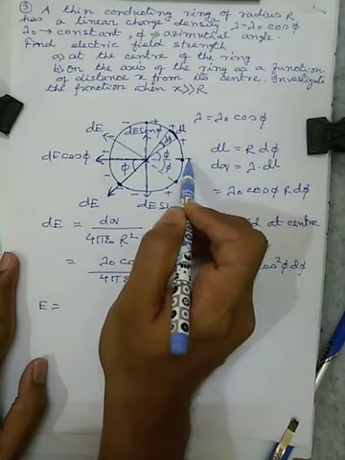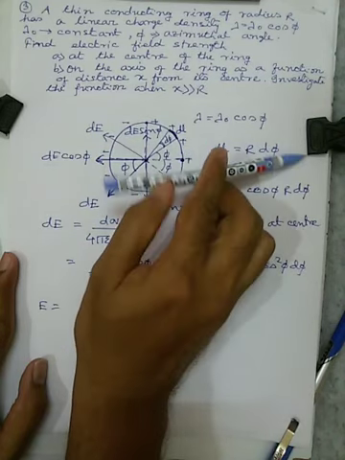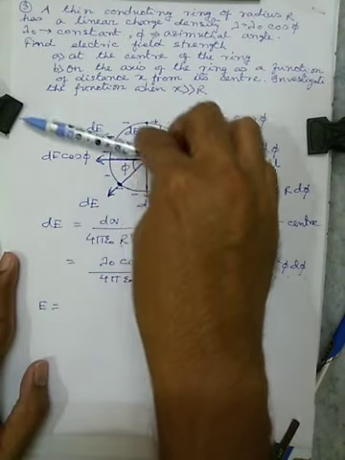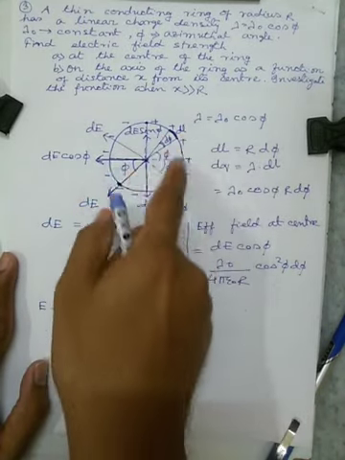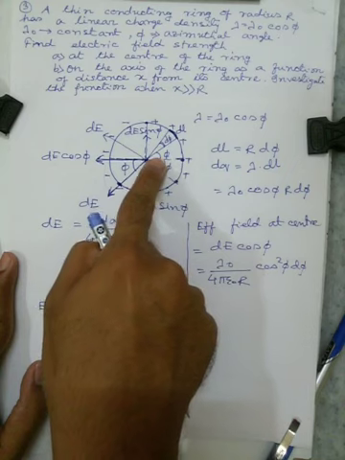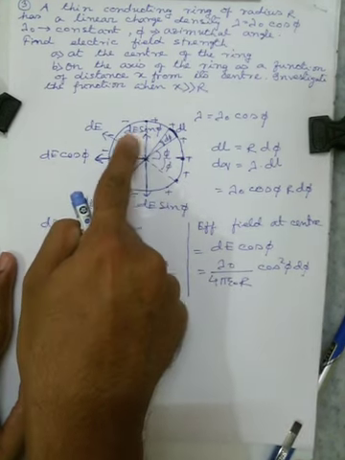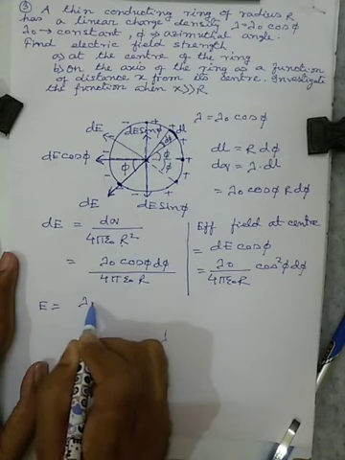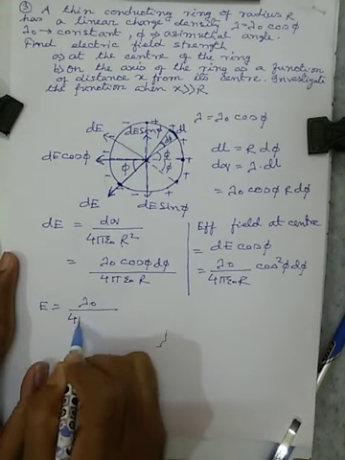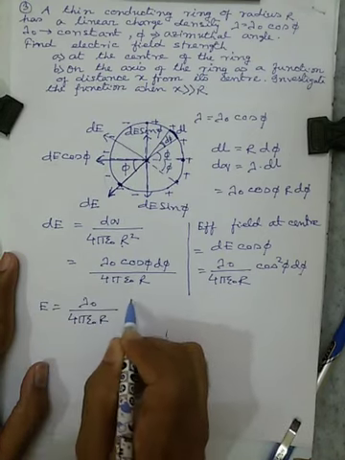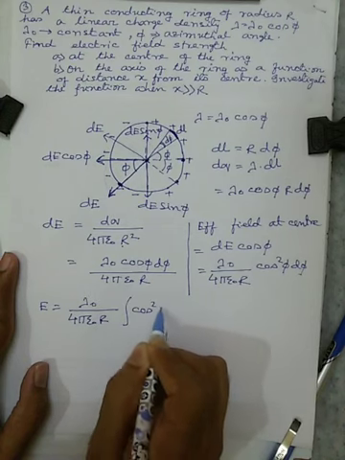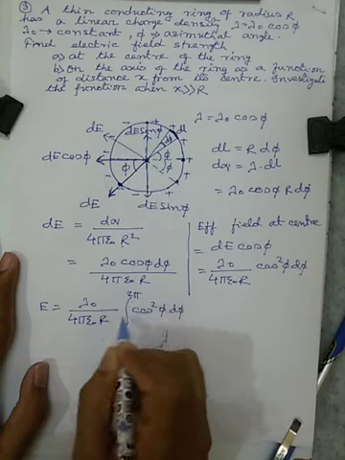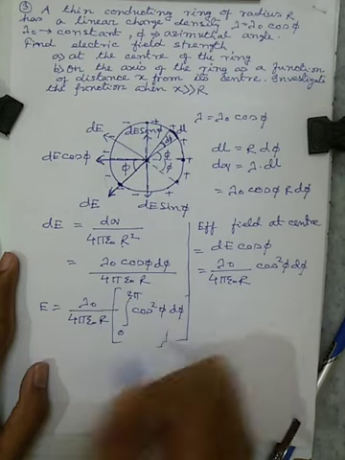To cover the whole ring, the limit will be from 0 to 2 pi. The lower limit will be 0 and the upper limit will be 2 pi. Therefore, the electric field is lambda naught by 4 pi epsilon naught r integration cos square phi d phi, and we have to perform this integration to get the answer.